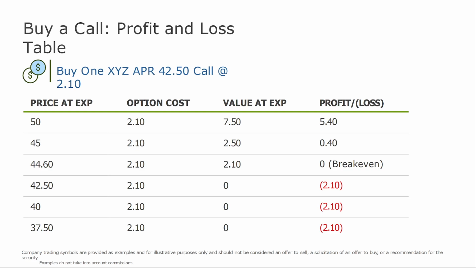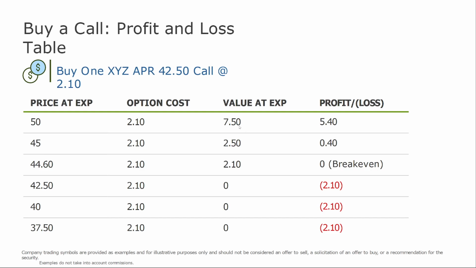So as we said, let's imagine that the strike price is 42.5. So we arrive on the 1st of April and now we see that the price is 50. So in this case, we are going to calculate the value that we have at the expiration. In this case, it's going to be 7.5, the difference. And from this 7.5, we will have to subtract what we paid for the premium.